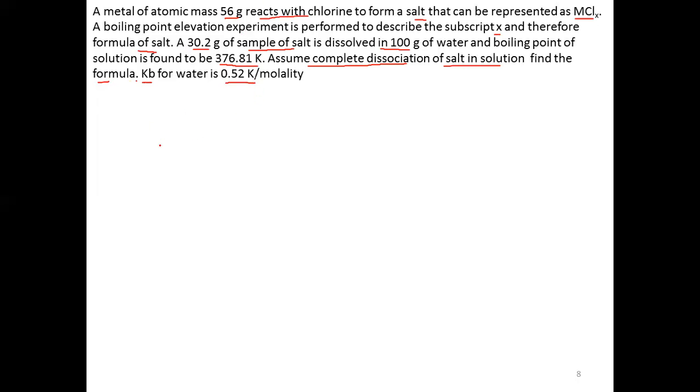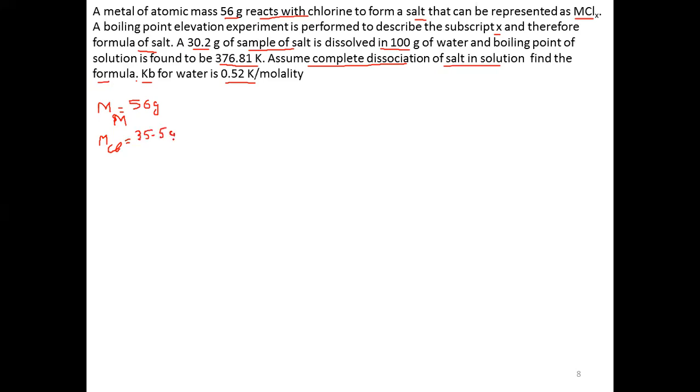Now first let us see what is given. I will write molecular weight of metal, MM, is equal to 56 gram, because the solute is MClX. We know that molecular weight of chlorine is equal to 35.5 grams.